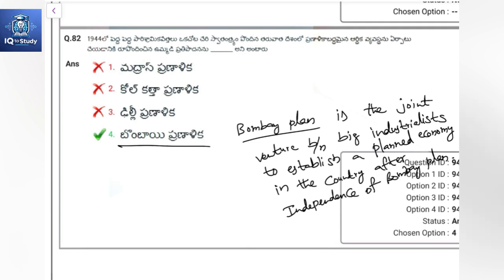The Bombay Plan was drafted in 1944. People associated with this plan are Jamshedji Ratan Tata, G.D. Birla, Purushottamdas Thakurdas, Kasturbhai Lalbhai, etc.